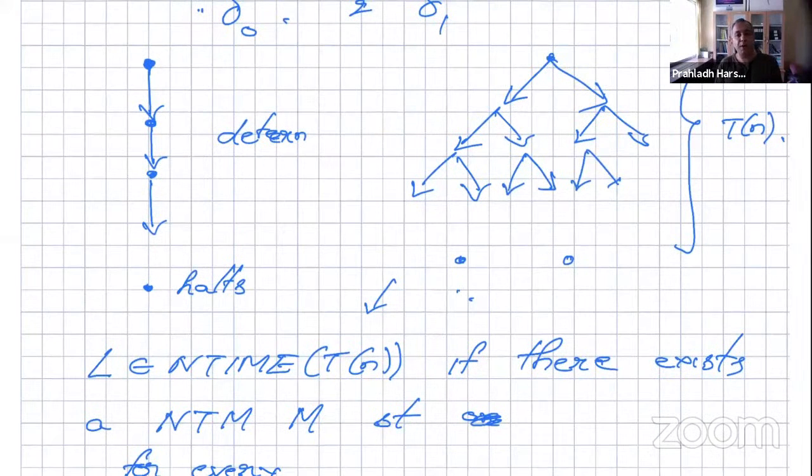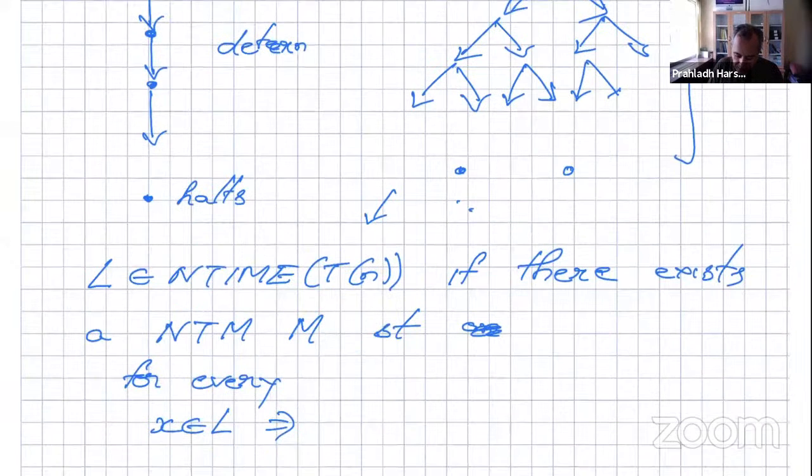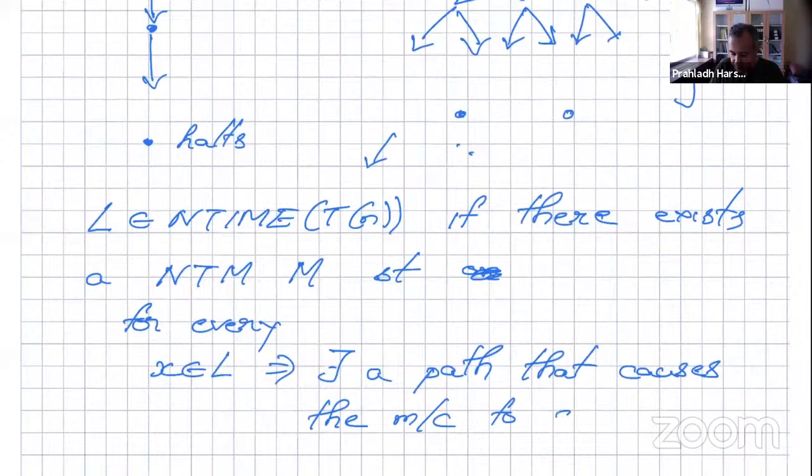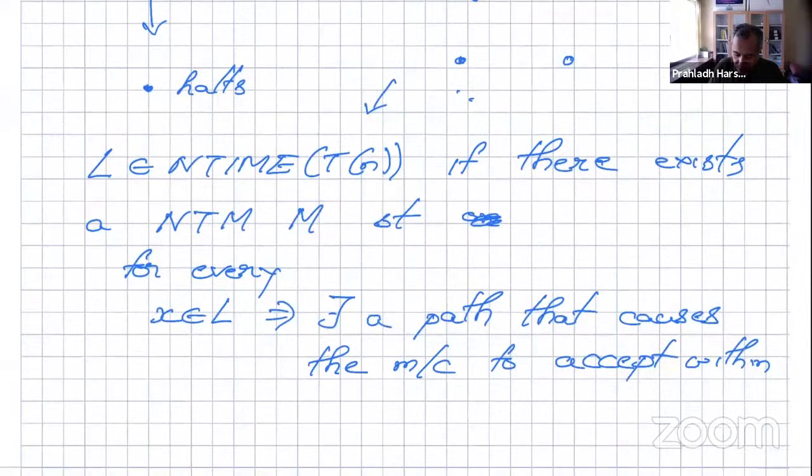I don't care if all paths accept. At least one path should tell me that it accepts. There exists a path that causes the machine to accept within T time steps.